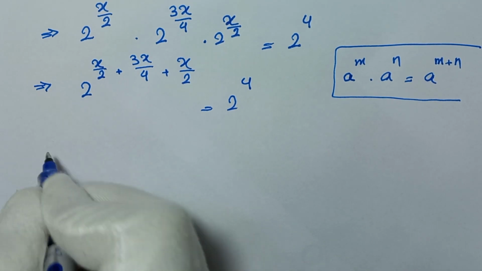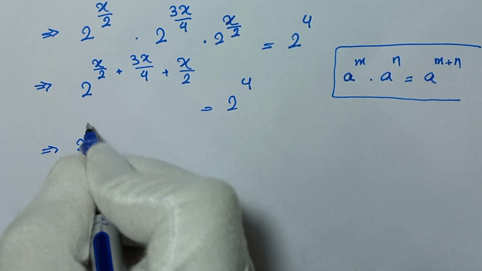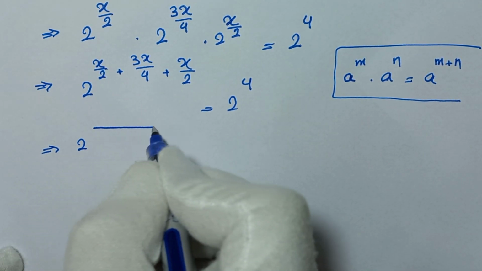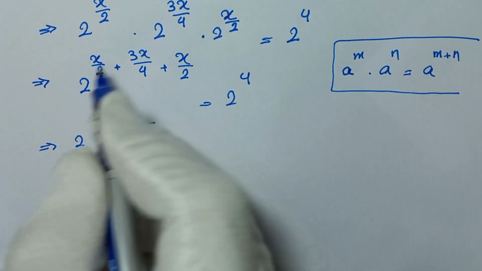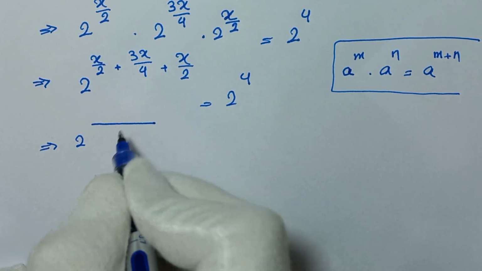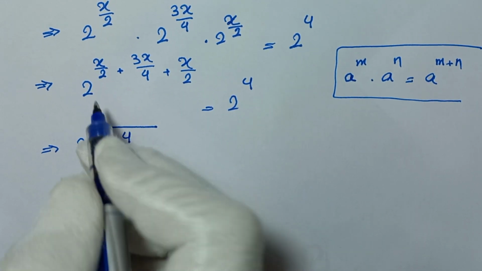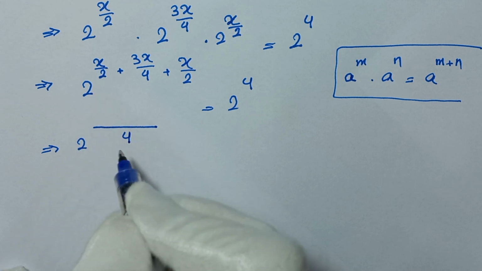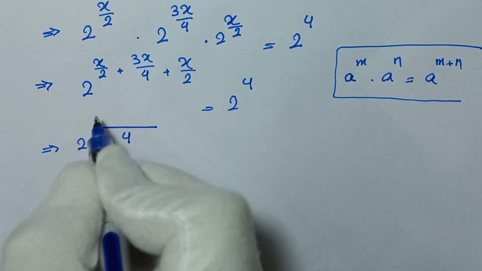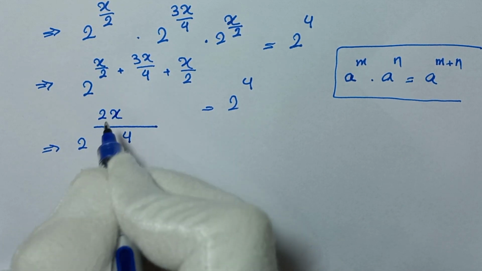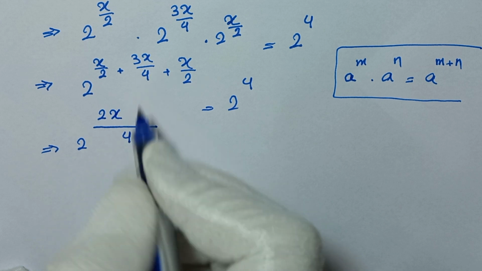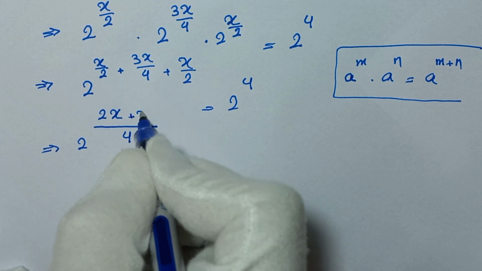And it will be 2 to the power of, for these 3 fractions, we take a common denominator, and our common denominator here is 4. This denominator is multiplied by 2, so we multiply the numerator by 2, it will be 2x. Here the denominator is multiplied by 1, so we multiply by 1, it will be 3x.